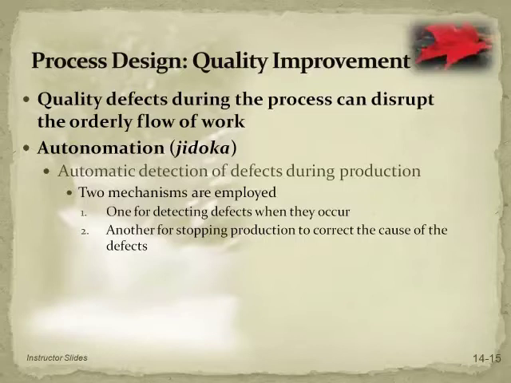A wiring harness is a collection of wires that is used to interconnect different components in an electronic system. And wiring harnesses can be quite large. They could have anywhere upwards of 400 individual wires within a wiring harness.